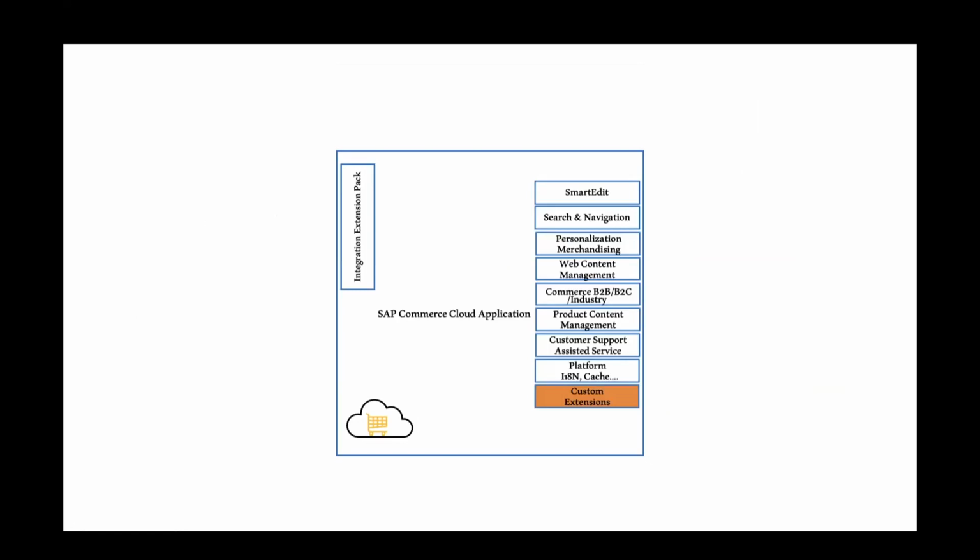I can give you an example for B2B, which is business to business, in which there are extensions where the checkout process can be approved or rejected by an admin user.